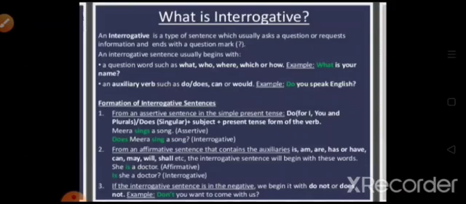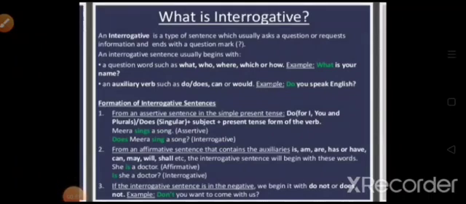As you all know, interrogation is about a question or asking a question. An interrogative is a type of sentence which usually asks a question or requests information and ends with a question mark.